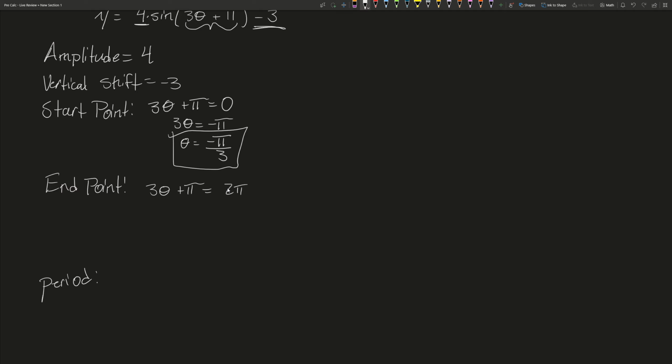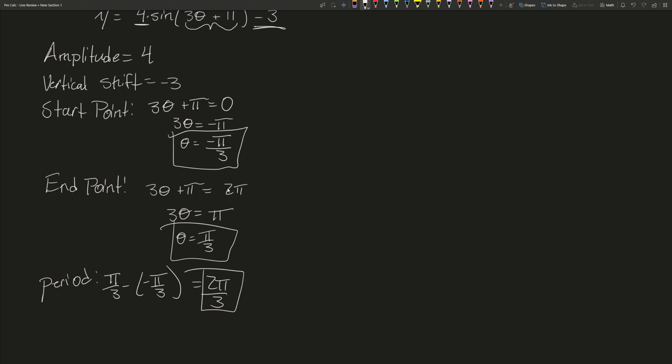My bad. All right, so 3 theta is equal to just pi. So theta is equal to pi over 3. All right, and then the distance between those two things is pi over 3 minus a negative pi over 3, which is just 2 pi over 3.